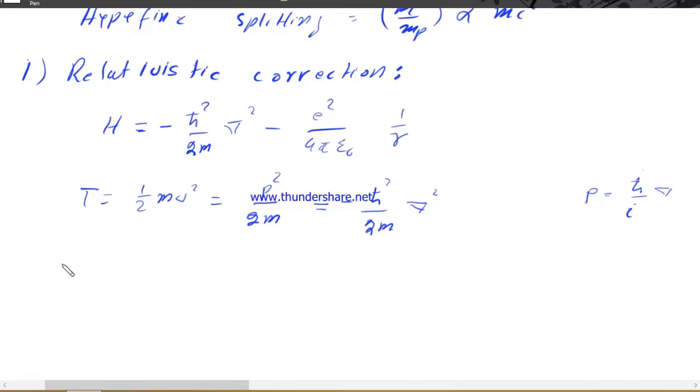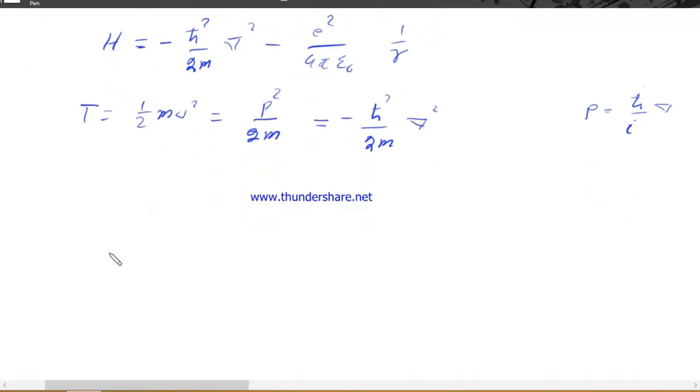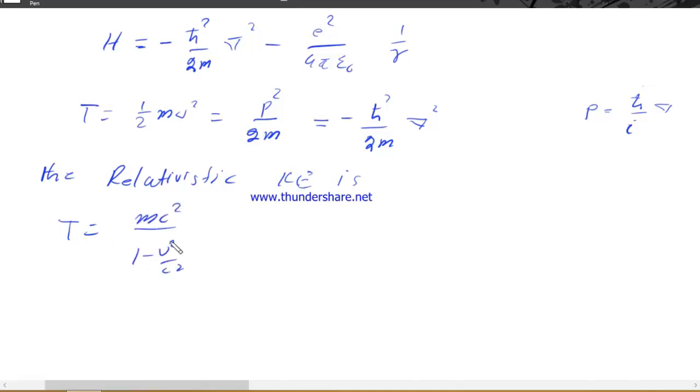Now the relativistic kinetic energy is T equals mc² divided by the square root of 1 minus v² divided by c², minus mc², where mc² is the rest energy. Now we express this kinetic energy in terms of momentum.